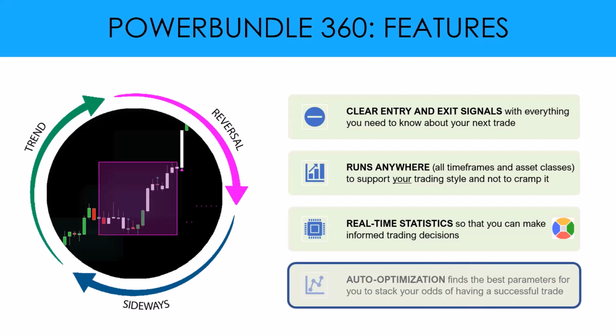And this is a huge time saver because if you change symbols or time frames, chances are you also need to tweak the parameters. And if you have to do this manually every time, you can imagine how tedious this is. Now, with our optimization feature, this is done automatically in a couple of seconds. And how this works, we're going to see right now.